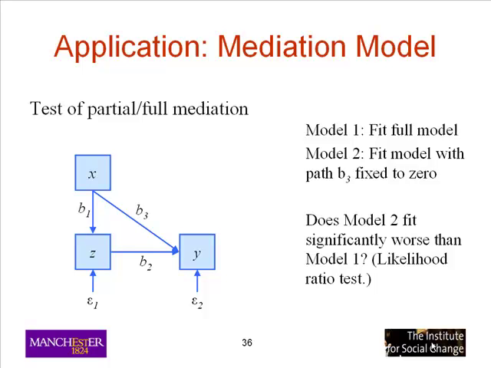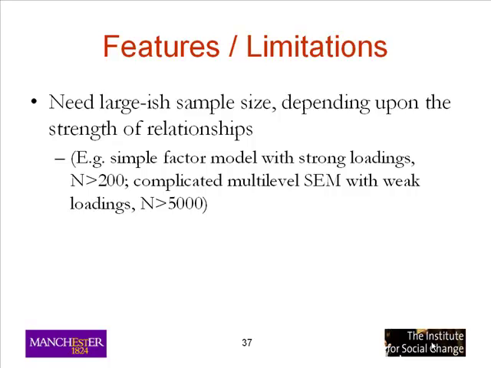So that's just some of the many different things that these types of models can help you do. I haven't really gone into much of the technical detail. Some reasonably standard structural equation models make some pretty big assumptions about the data.